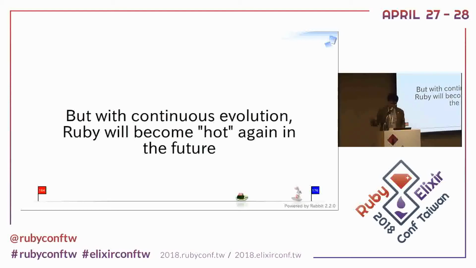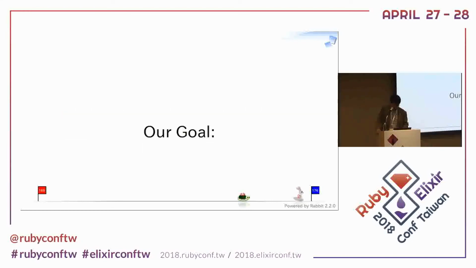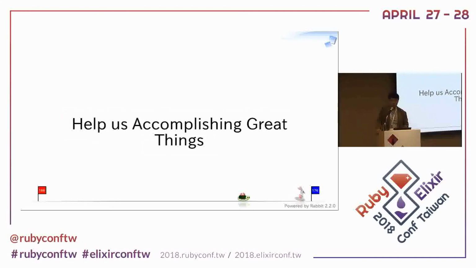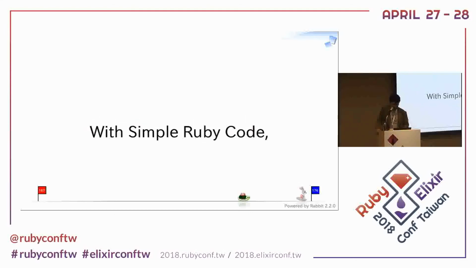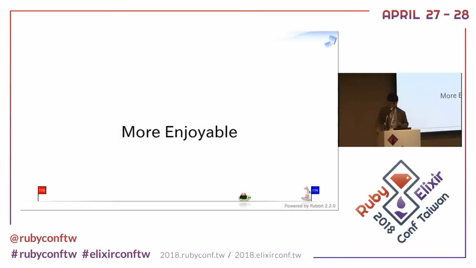And when we have a language where we can find more bugs at compile time so that we can be more productive, that language is pretty hot. So our goal is to help us accomplish great things with simple Ruby code. Simpler, safer, more enjoyable. So that is our goal.